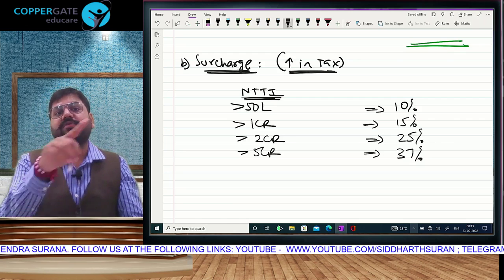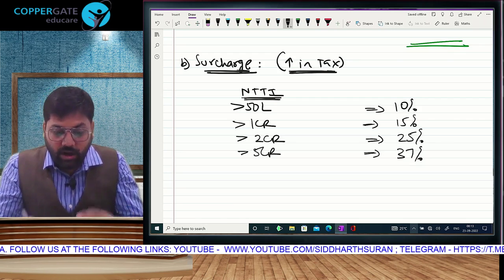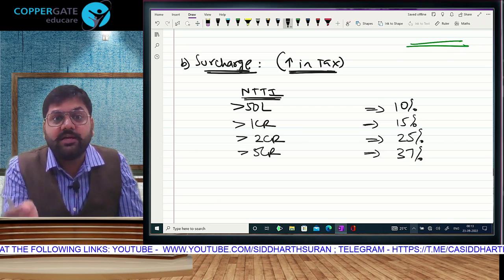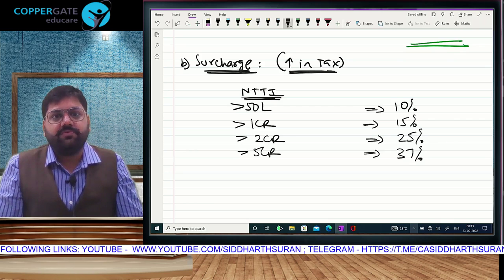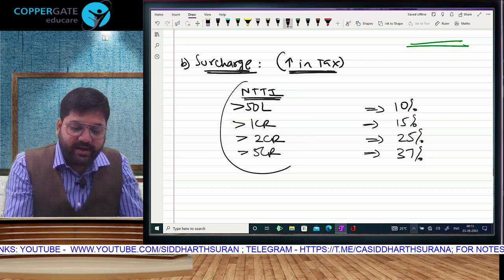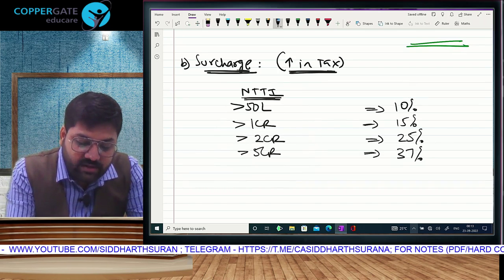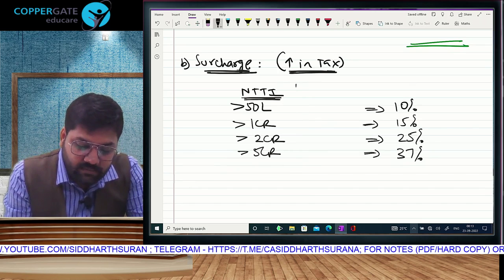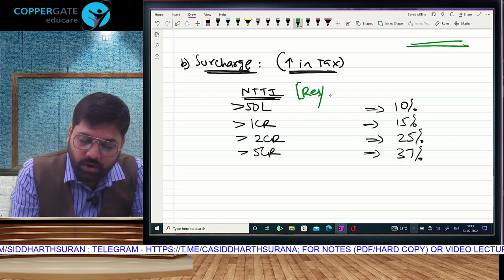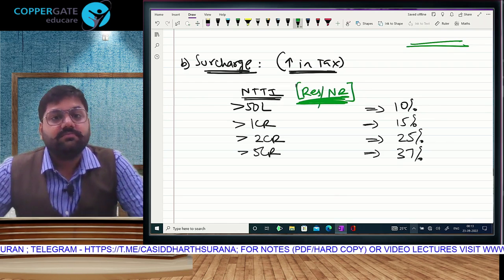Now observe carefully. Direct tax expects you to understand what is written in front of you and also to interpret what is not written in front of you. If surcharge gives you only the criteria of income, that means whether the assessee is resident or non-resident doesn't matter.